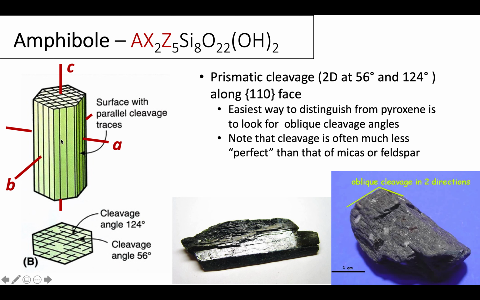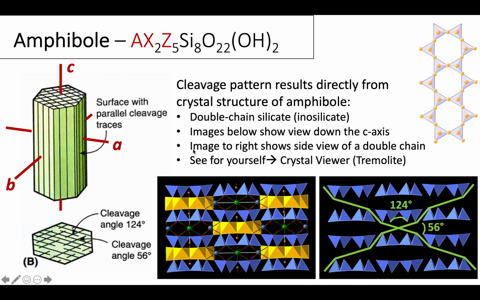It's very, very hard to tell the difference between an amphibole and a pyroxene just from the side view. You really need a nice top view where you can see these patterns. And when we get into petrographic microscopes, we'll see that it's a lot easier to see these cleavage angles on a microscope than it is on actual hand samples.